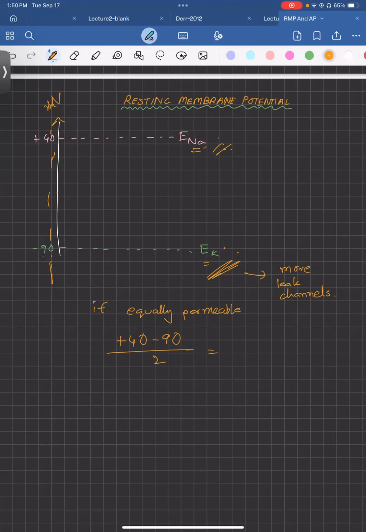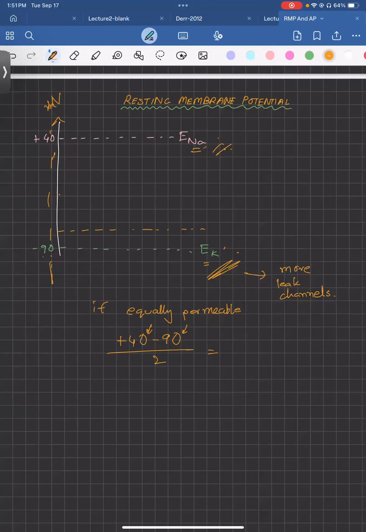It would be multiplied by how permeable they are: more permeable here, less permeable here. So when we're averaging, we need to take that into account. It turns out that instead of being in the middle, it's somewhere closer to the potassium equilibrium potential. Does that make sense?